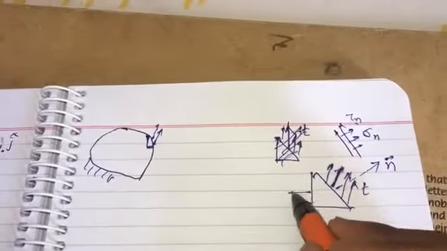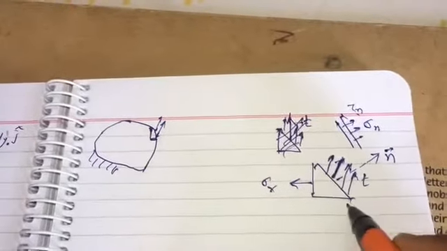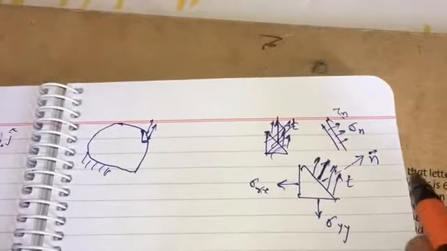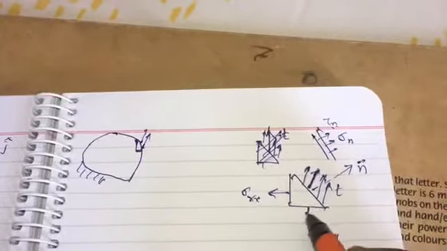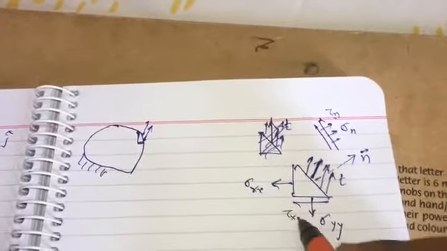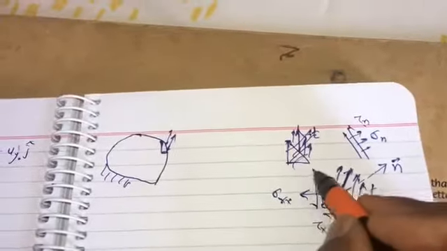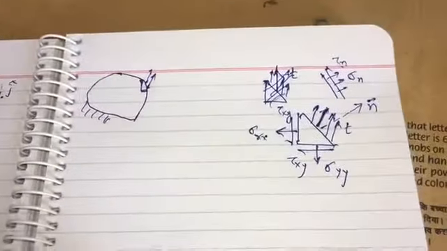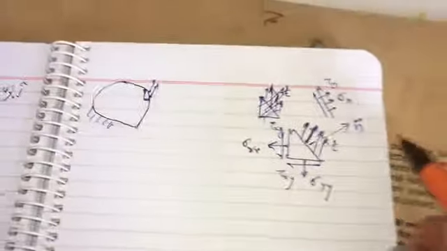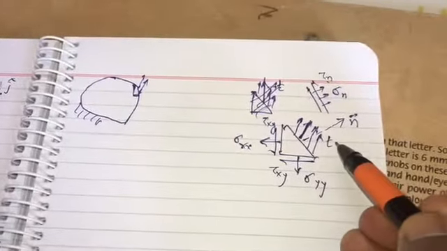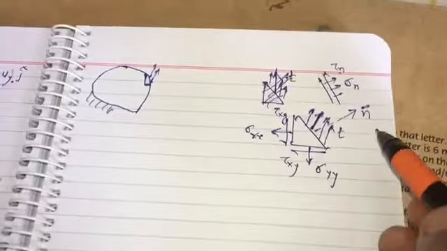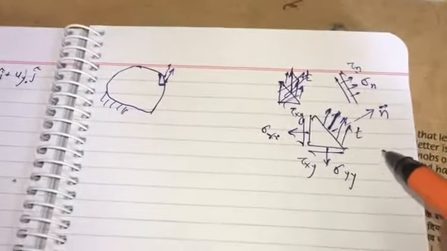So this is sigma xx, this will be sigma yy, and this is tau xy, here also tau xy. Okay, now how is this traction T related to sigma xx and sigma yy or tau xy? That we can derive basically from here.